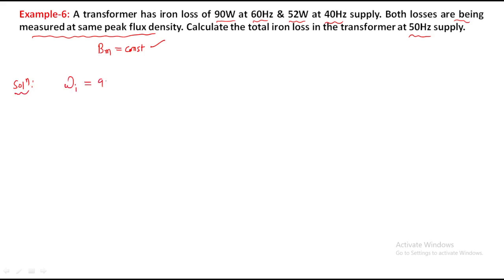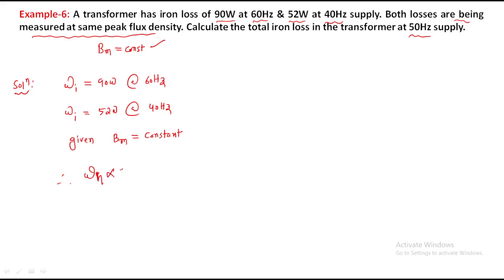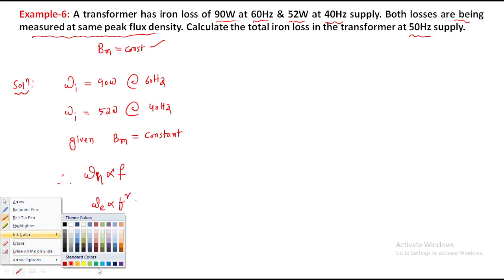WI should be equal to what? 90 watts at 60 hertz. Later WI equals 52 watts. What is the frequency? 40 hertz, given. B max is constant. Here magnetic flux density is constant, therefore hysteresis loss is proportional to frequency and eddy current loss is proportional to frequency square, right?